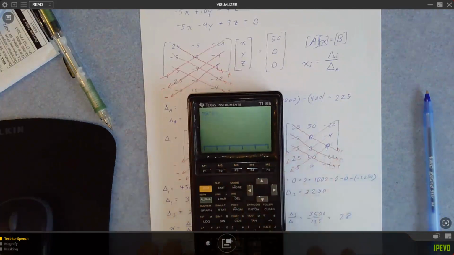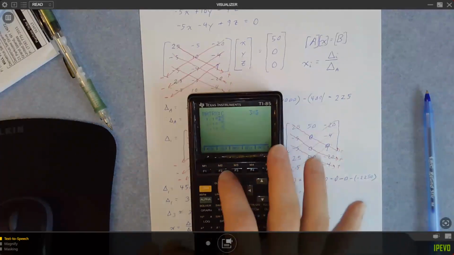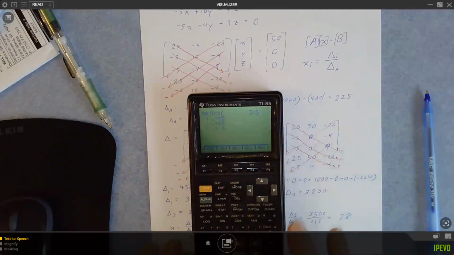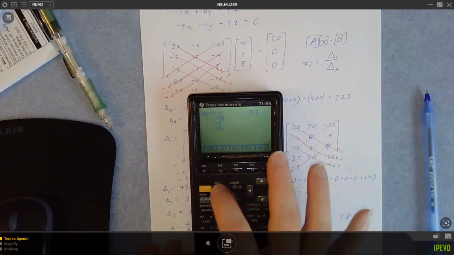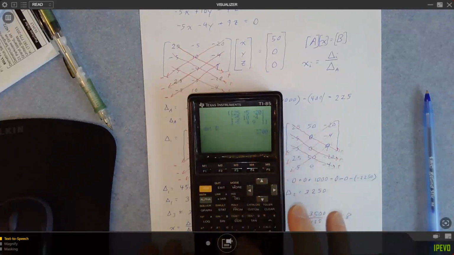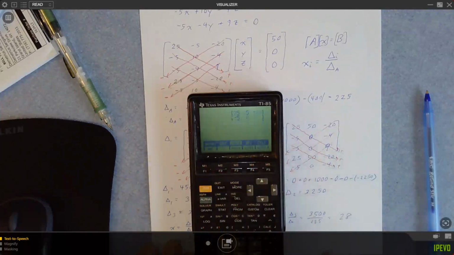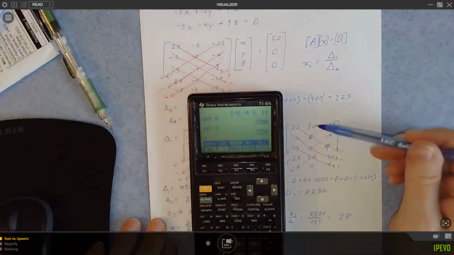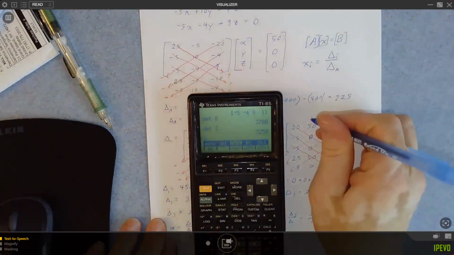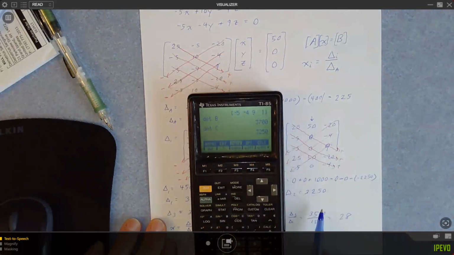So I'm going to edit matrix C here, and I'm going to go to the second column. I'm going to do the same thing: 50, 0, and 0. Took the determinant of C, and I've got 3250, which is, again, I replaced the second column with the B matrix, and I found the determinant.